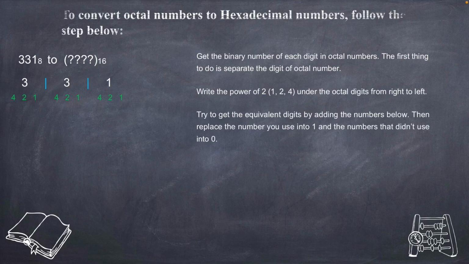So next step, try to get the equivalent digits by adding the numbers below. Then replace the numbers you used with 1 and the numbers that you didn't use with 0. So ganito yan. Subukan daw natin kunin yung equivalent digits na nasa itaas sa pamamagitan ng pagka-add ng mga numbers na nasa ibaba niya.